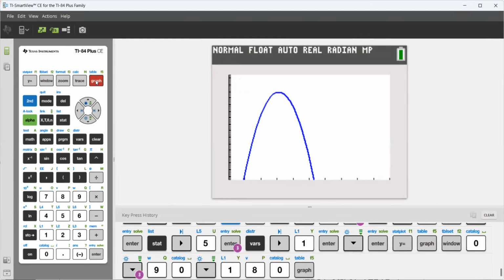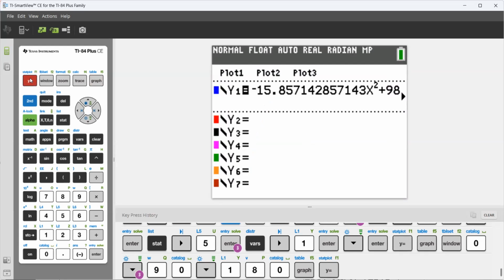Okay. All right. And then I have my regression equation here. Now, 2 decimal places is fine. Or if I say 3 decimal places, do 3 decimal places.